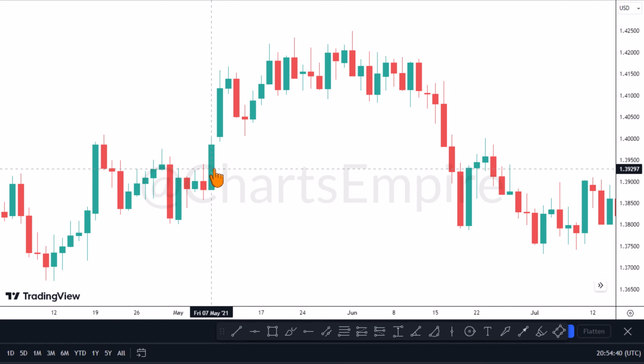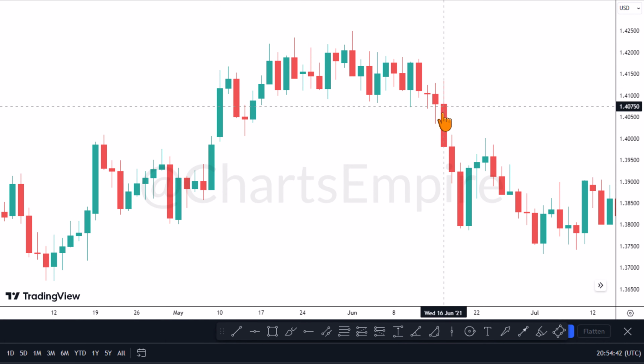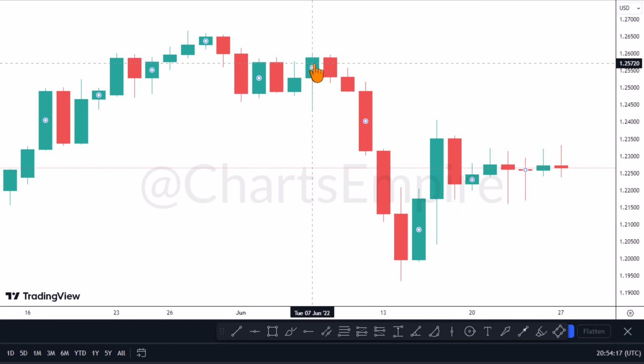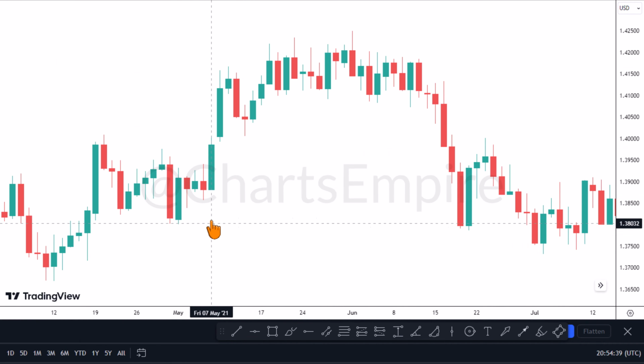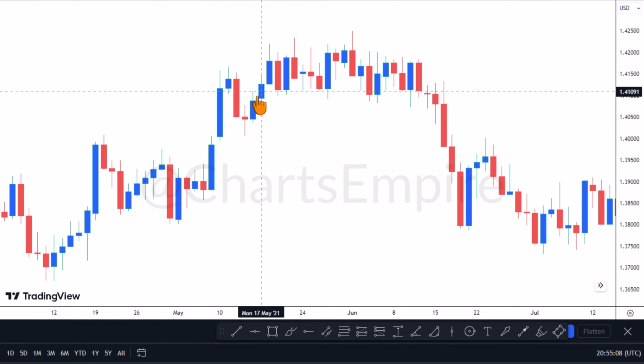Bullish candlesticks are usually represented in green, whereas bearish candlesticks are usually represented in red, but traders can choose any color of choice to represent these candlesticks on the price chart. I prefer the bullish candlestick on my price chart to be green and the bearish candlestick to be red, but sometimes I might prefer blue color for the bullish candlesticks.